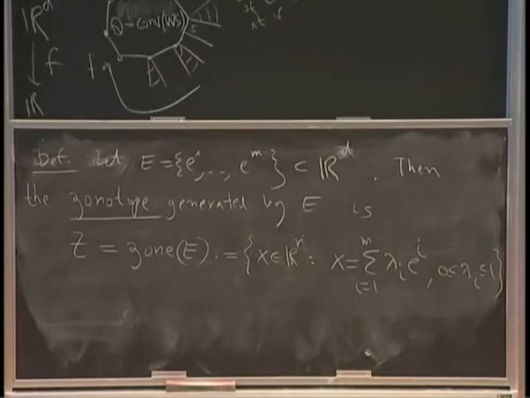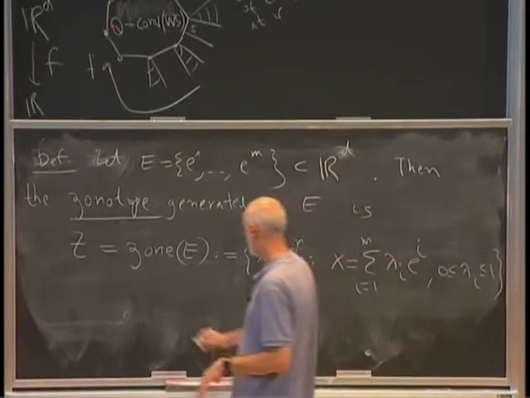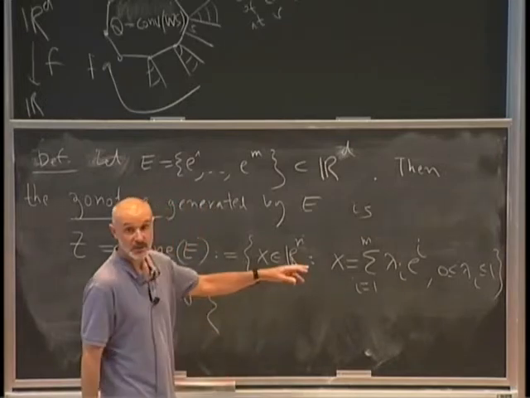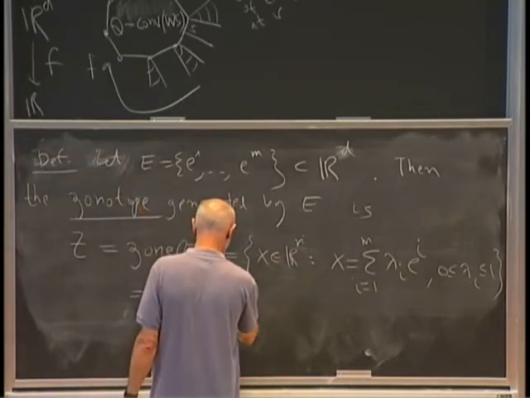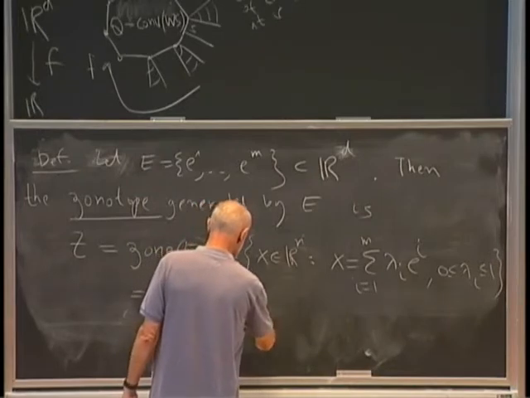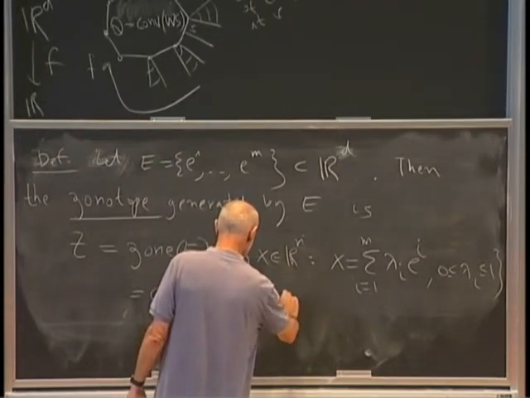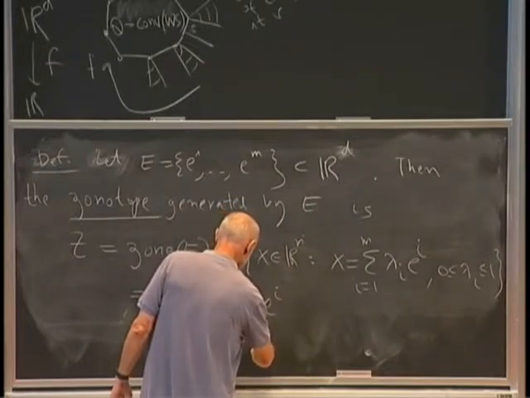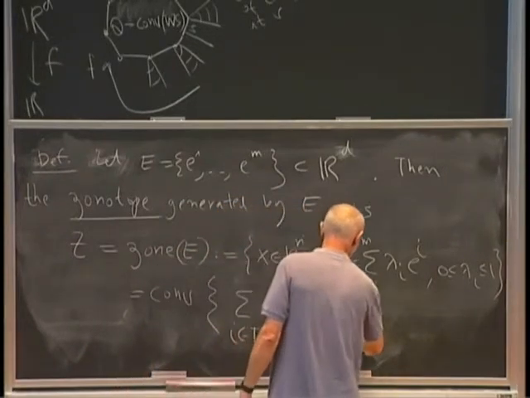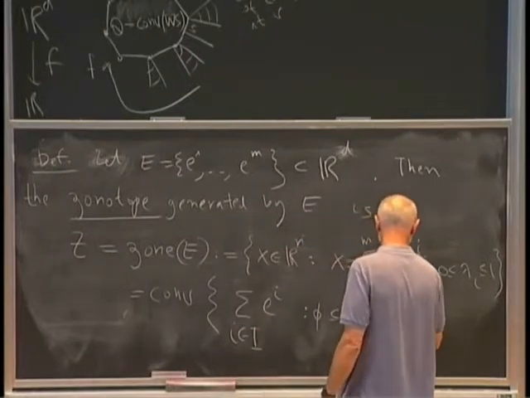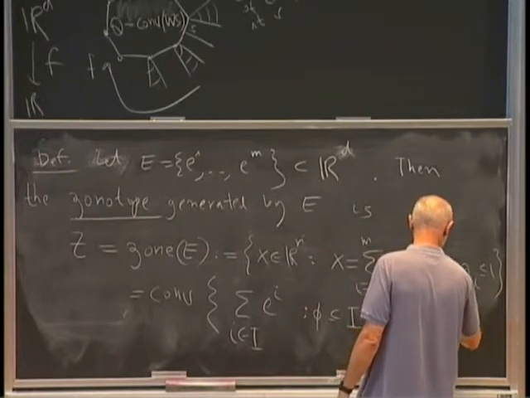So you take non-negative real combinations of the vectors, but now each lambda is between 0 and 1. And this is the convex hull of those where you take exactly 0 or 1. So the convex hull of the partial sums, the sum of e_i for i in I, such that I is a subset of 1, 2, ..., m.